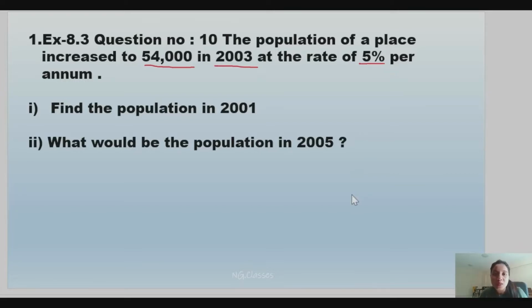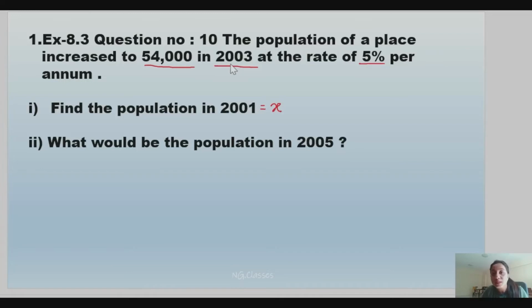We will always apply the compound interest formula when we are dealing with a question related to population, or where the count of bacteria is increasing. So now find the population in 2001. At first, let the population in 2001 be X. Now at 5% per annum, it increased and became 54,000.